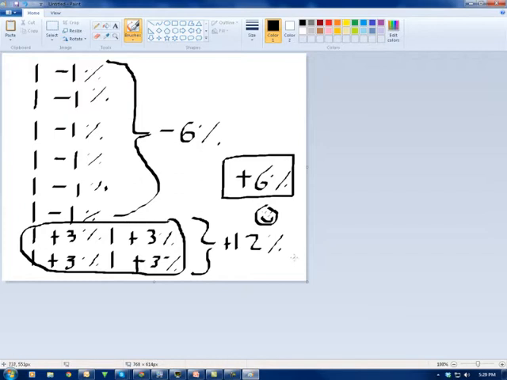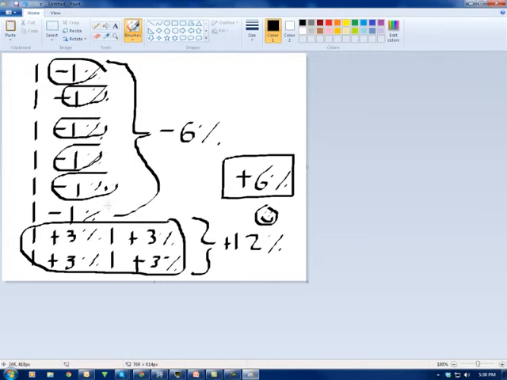There we go. Beautiful. So basically, you lost 6 trades in a row, and obviously every time you lose 1% of your account. And then when you win 3%. So you still make money.